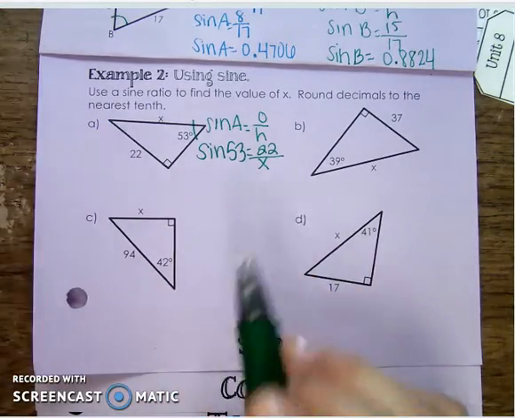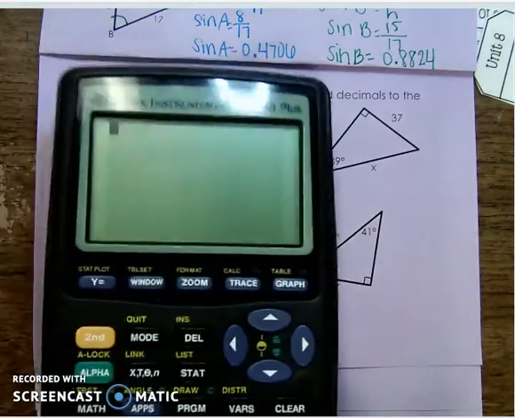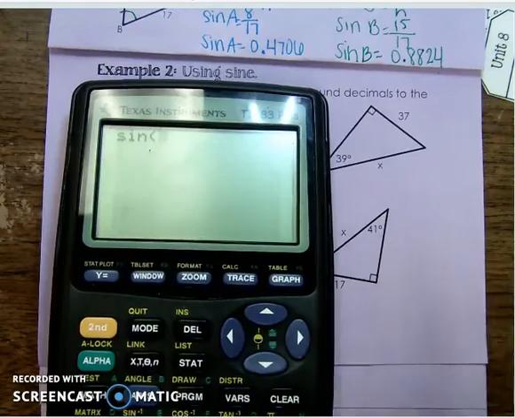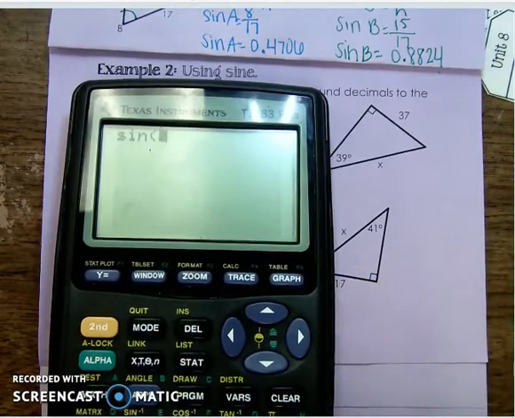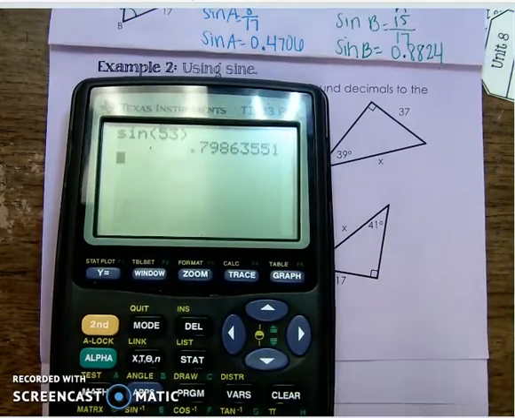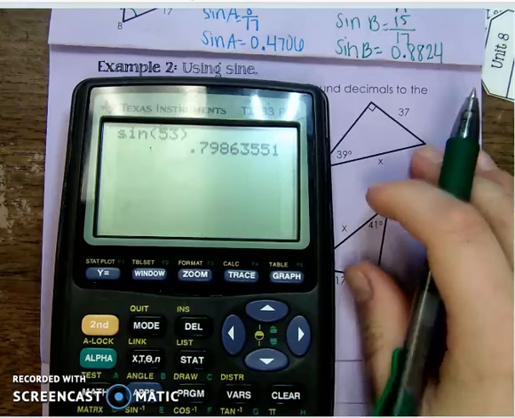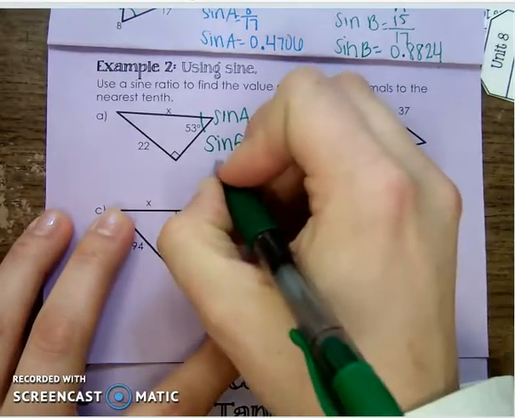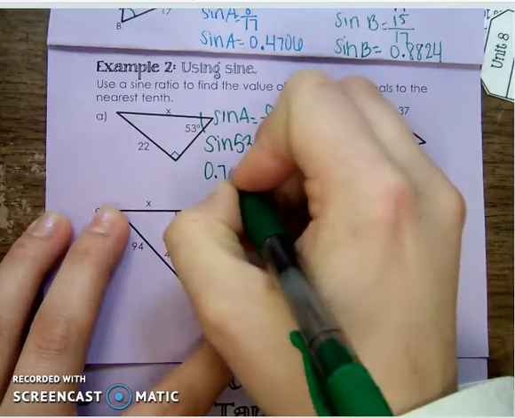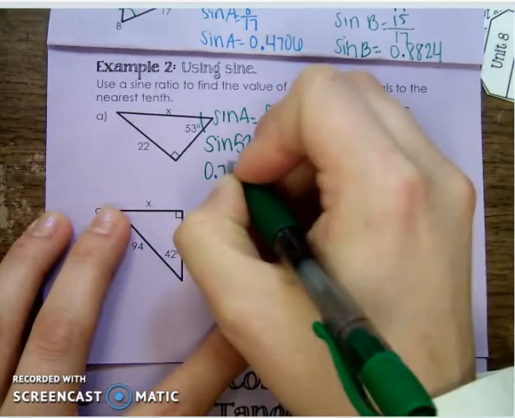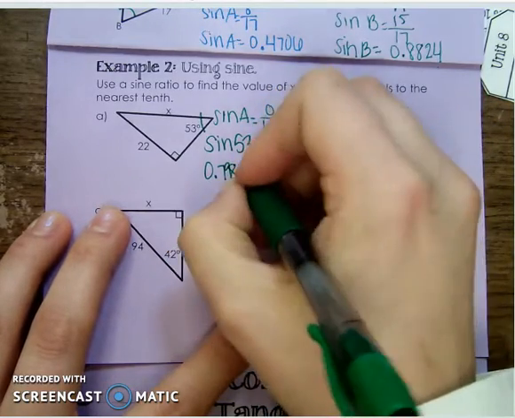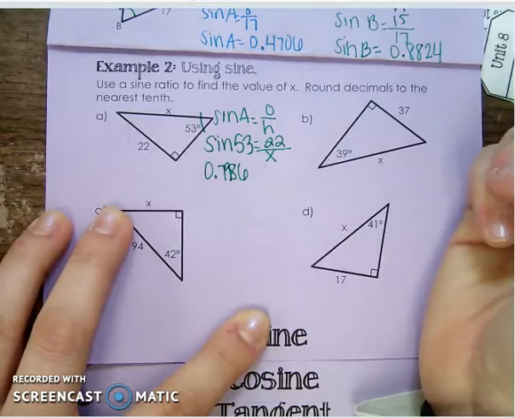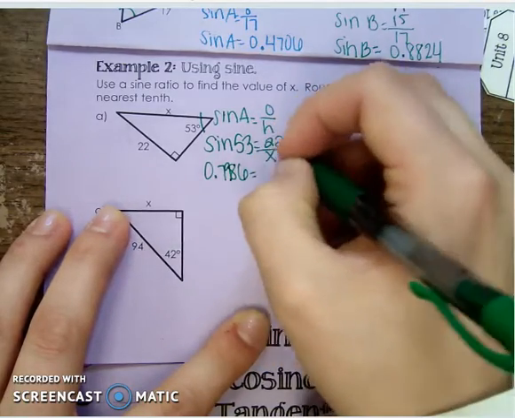Sine of 53, in the calculator, you press sine, then 53, and close the parentheses. We're going to go to 4 decimal places. So I have 0.7986 equals 22 over x.